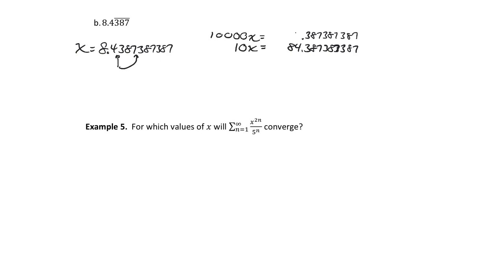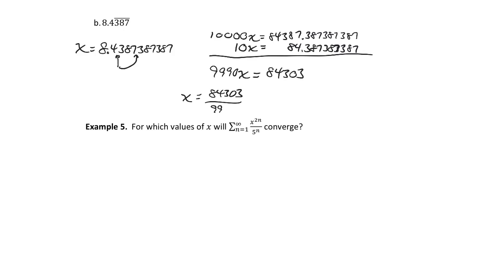There will be a 387 leading into that, and then an 84. And when we subtract, we end up with 9,990x equals 84,303. So x will equal 84,303 over 9990.